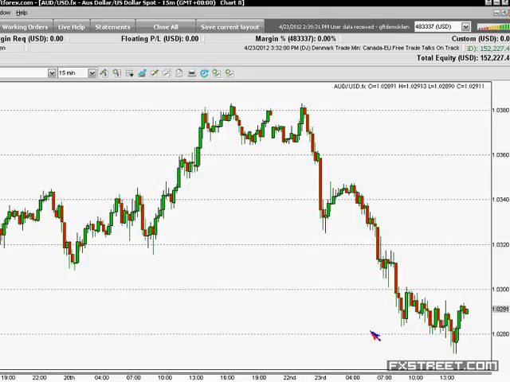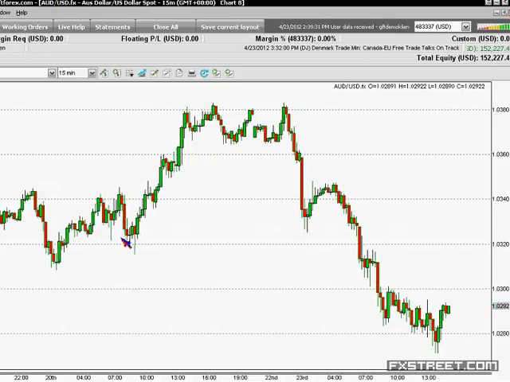Basically, we're going to watch the figure level, the 50 level, and I'm going to show you how the currency has traded these levels over the past couple of days.